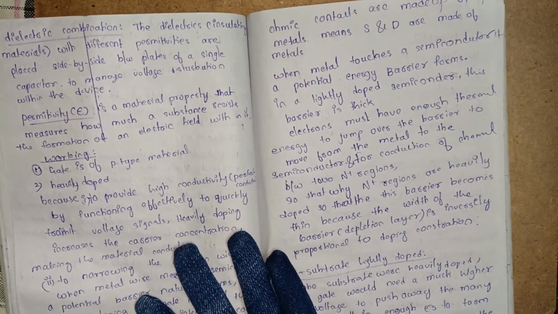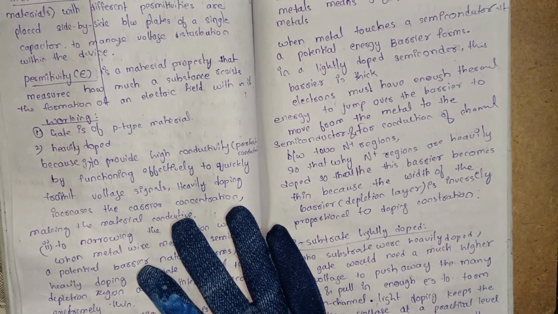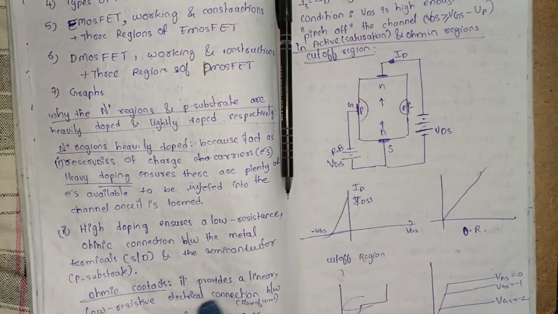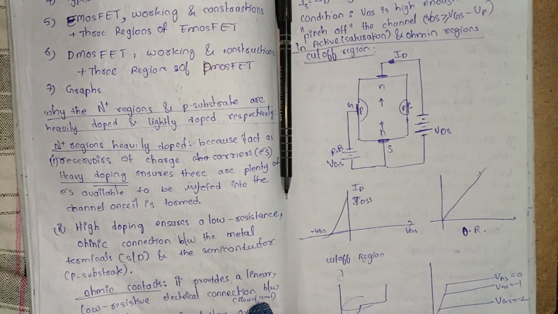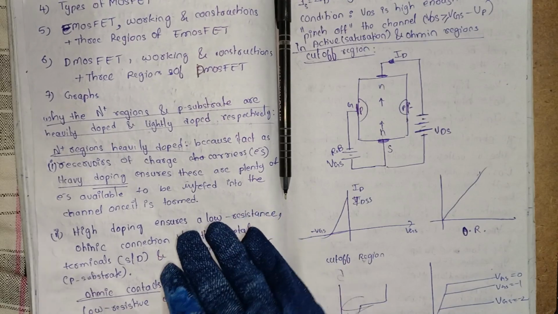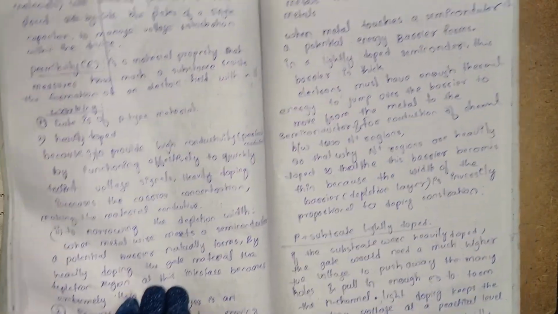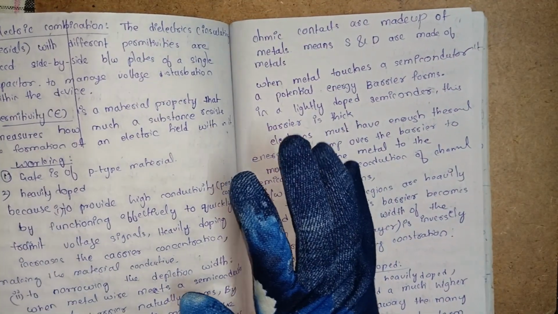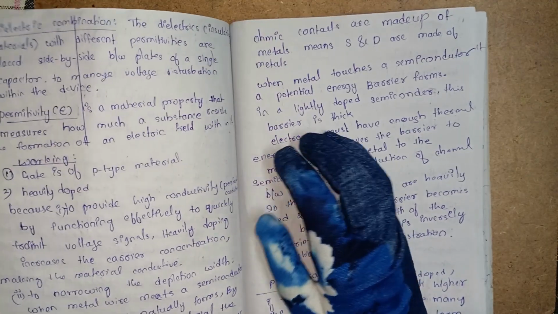So how it provides low resistive path for electrical conduction. Electrical conduction means flow of electrons. Okay, this is actually a flow of electrons between N-type region and a P-type substrate.